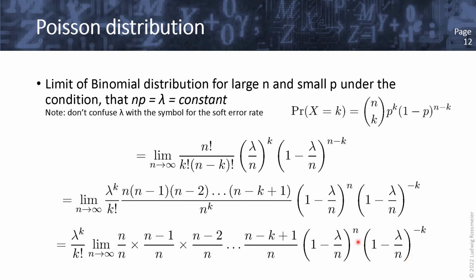This term, since n will go towards infinity, here is remaining 1, and 1 to the power of minus k remains 1, so also this term drops. And this term is a little bit special, because in the denominator we see n will go to infinity, and also the power here will go to infinity. And there is a solution which is the exponential of minus lambda.